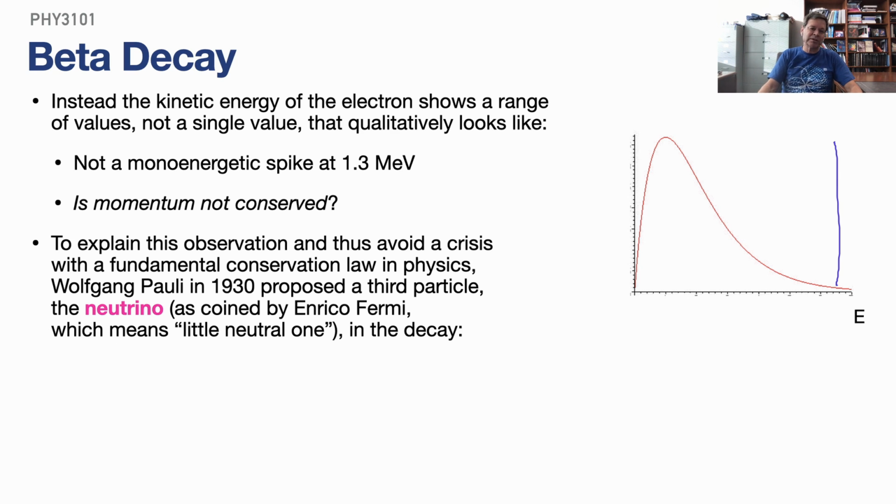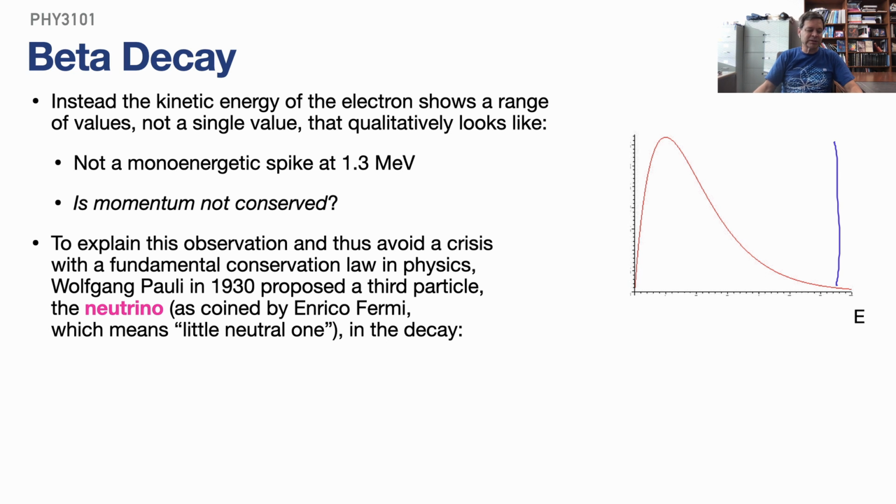And in fact, he wrote it in a note or a letter, if you like, to a conference back in 1930. And he explained that there's another particle involved in this decay. And this third particle is now called the neutrino, a term coined by Enrico Fermi, which in Italian would essentially mean little neutral one, in the decay.